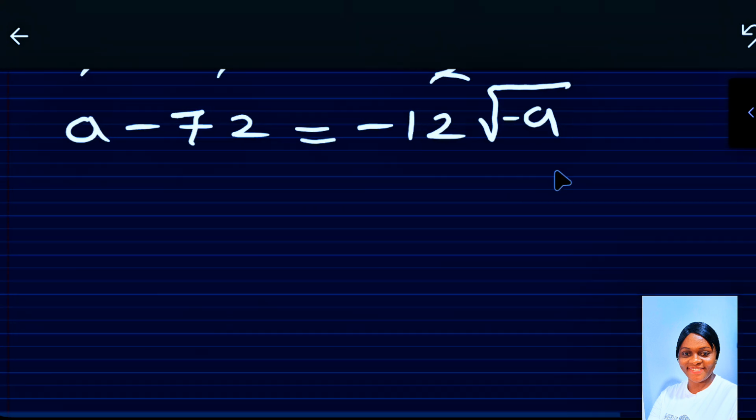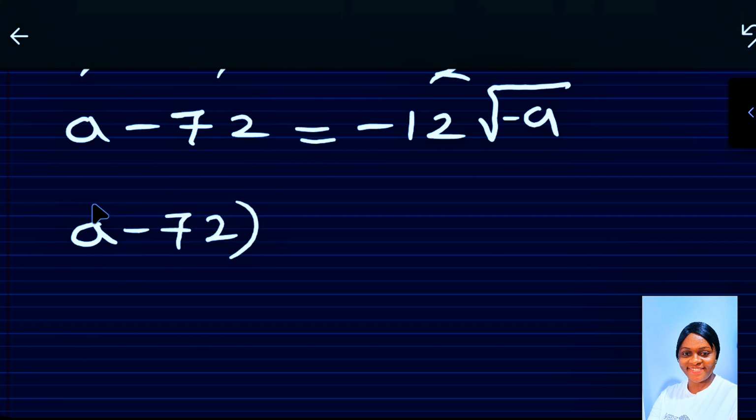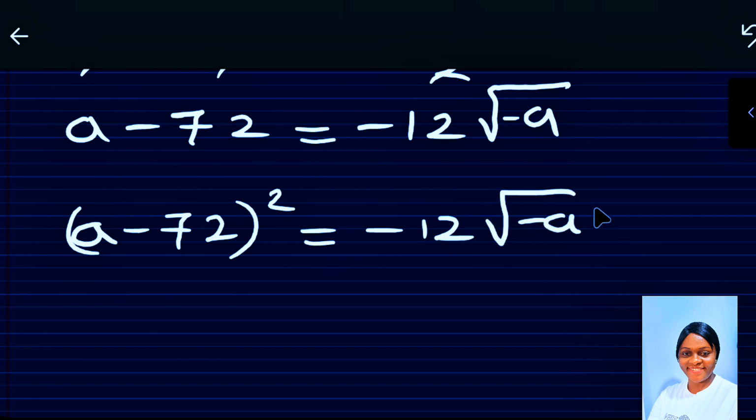So from here, in our next step we are trying to remove this square root here. And for us to do that, we are going to square both sides again. So we are going to have a minus 72 squared, and this equals minus 12 square root of minus a all squared as well.